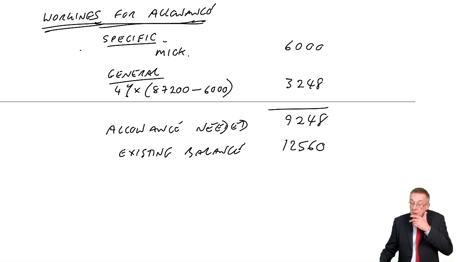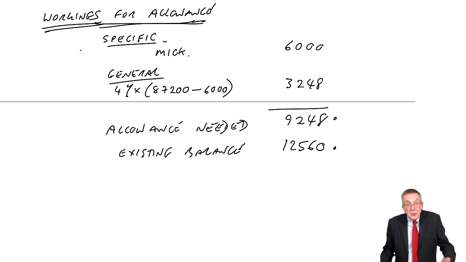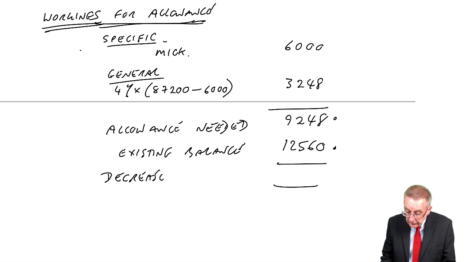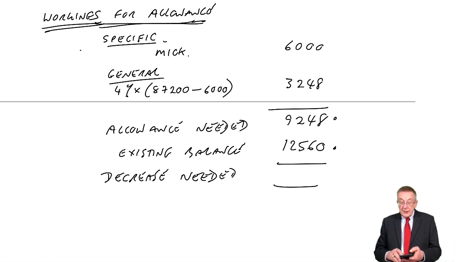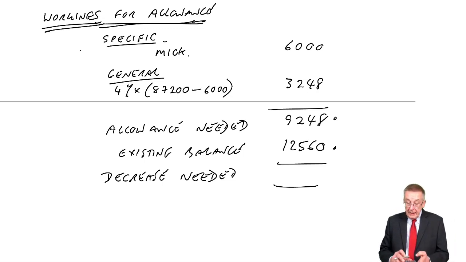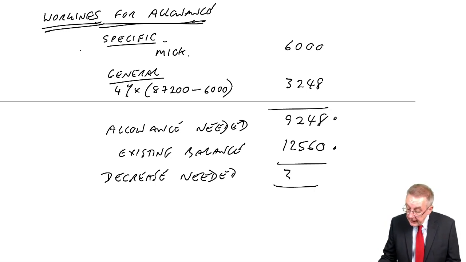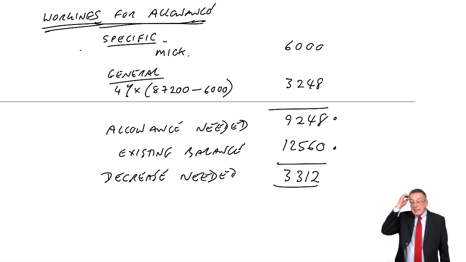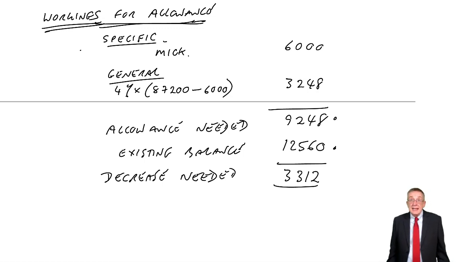And so what am I going to do? If it's currently 12 and I want 9, we're going to reduce it by the difference. The decrease needed. What is the difference? It's currently 12,560 minus 9,248. 3,312. If I reduce the existing balance by 3,312, I'll get the figure that I need.